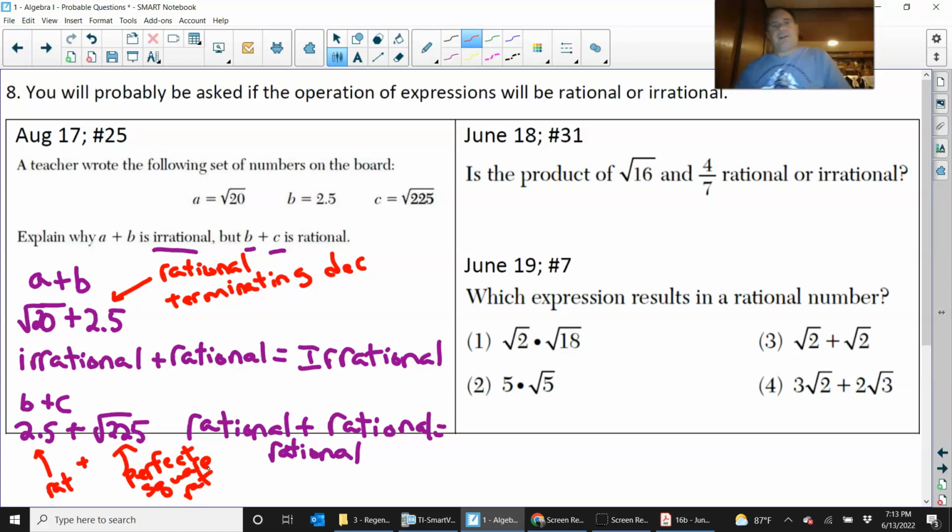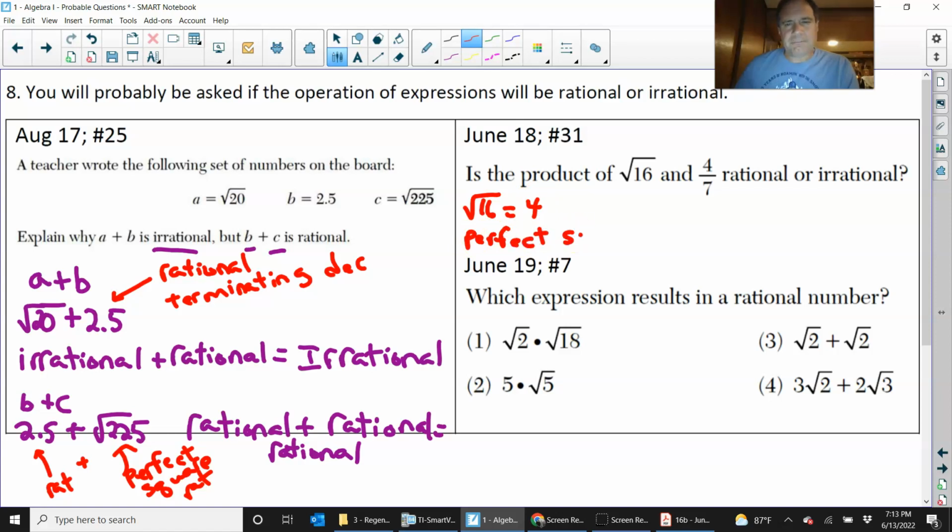Done. All right, is this product, square root of 16 times 4/7, rational or irrational? So, square root of 16 is 4. It is a perfect square.